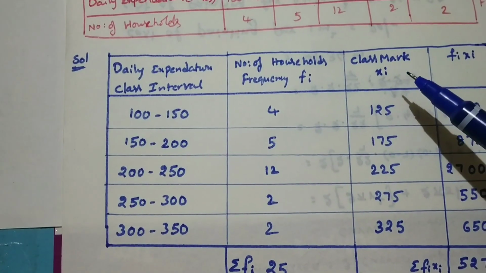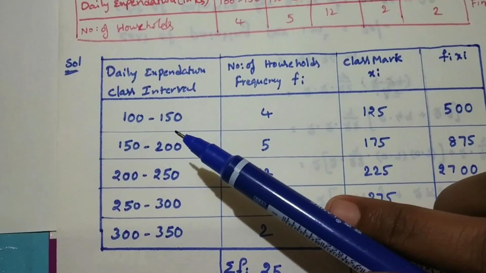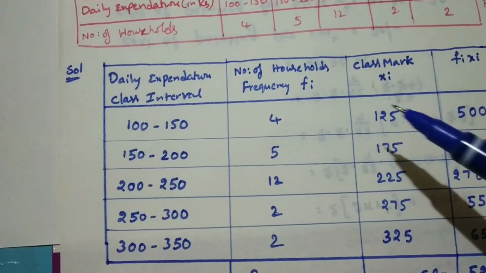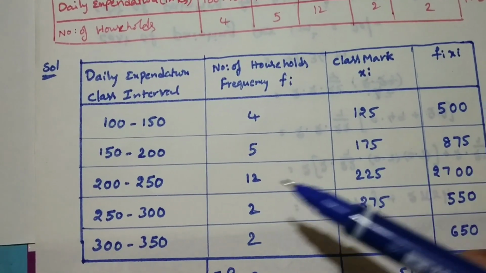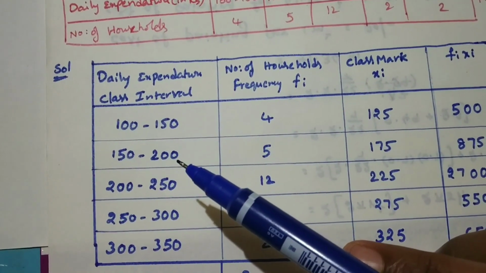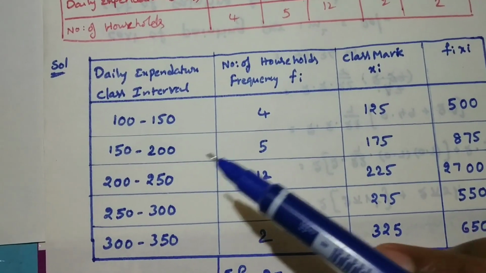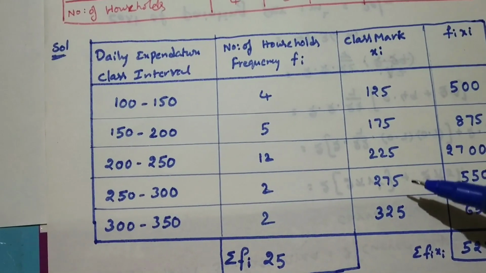Now write the class mark as (lower limit + upper limit)/2. So (100 + 150)/2 gives 250/2, which is 125. Continue the same for all the remaining: (150 + 200)/2 is 350/2, which is 175. Like this you should find all the class marks.